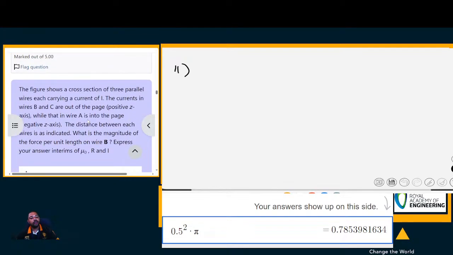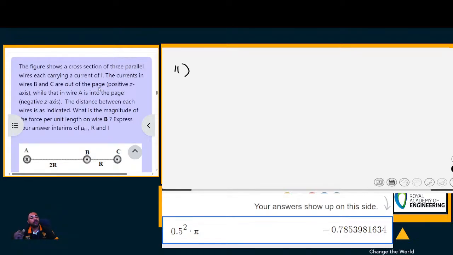Question 11. The figure shows a cross section of three parallel wires, each carrying a current of I. So there are three wires there.